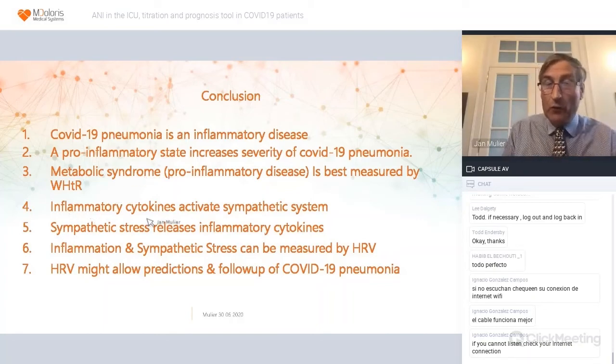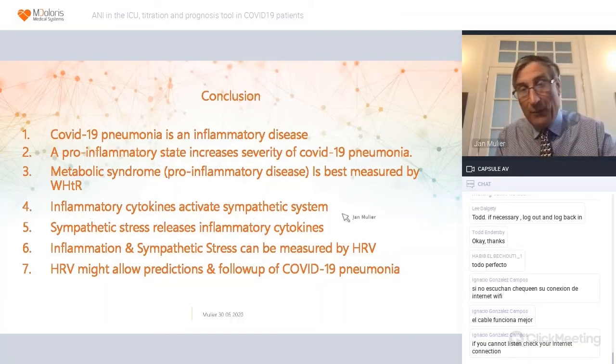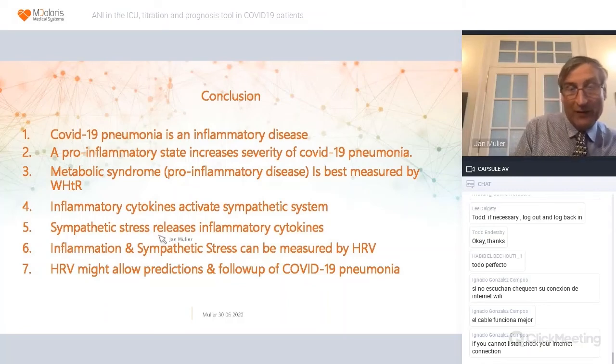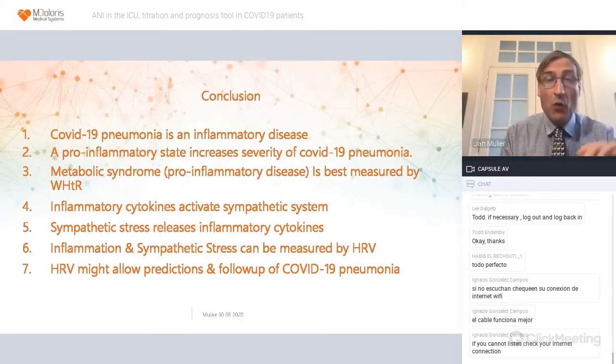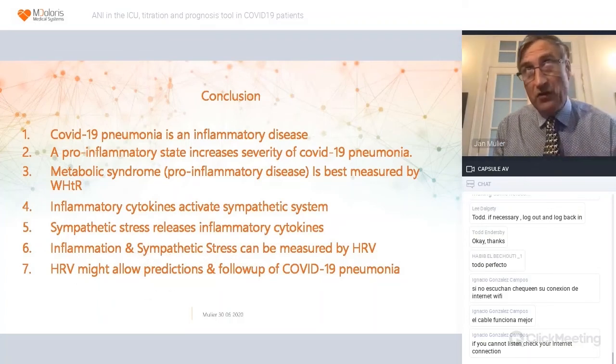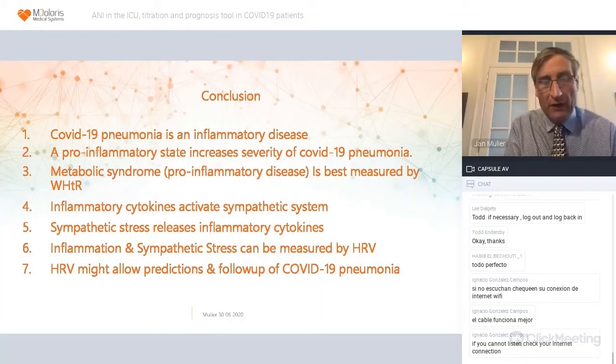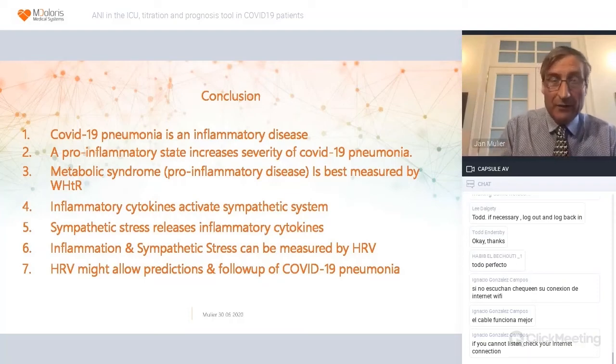The inflammatory cytokines activate the sympathetic system, but the sympathetic stress releases also inflammatory cytokines, so they're working in both directions. We can measure parasympathetic stress by heart rate variation, and by that measuring sympathetic stress and also inflammation. So we are measuring not directly, but in an indirect way, the inflammatory reaction too on the bedside immediately.